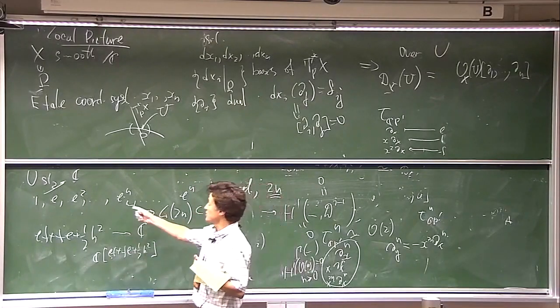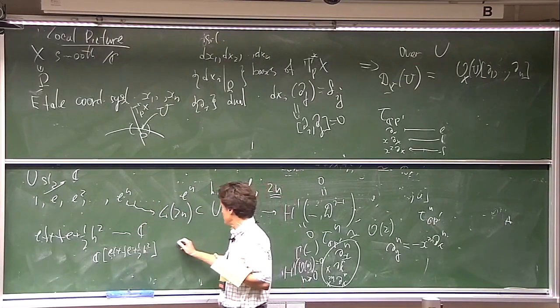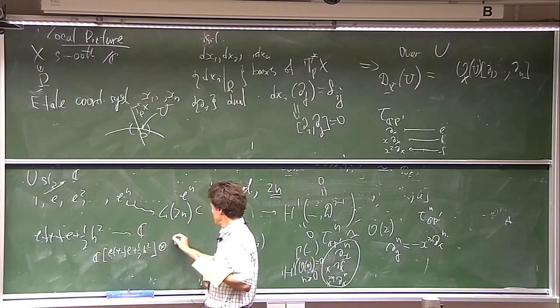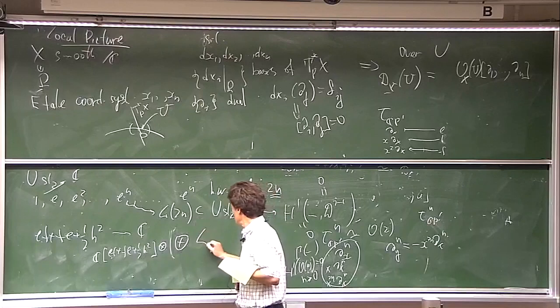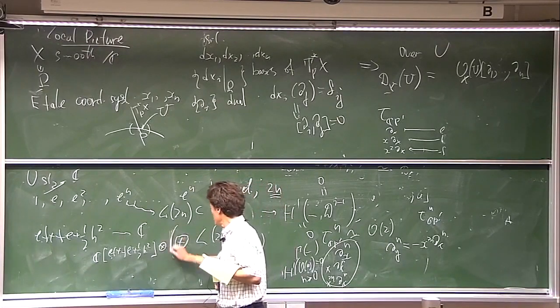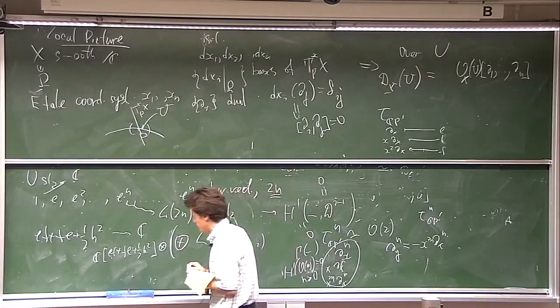Then there is, of course, a direct, so each e to the n gives you L2 to the n. So there is obviously a map.